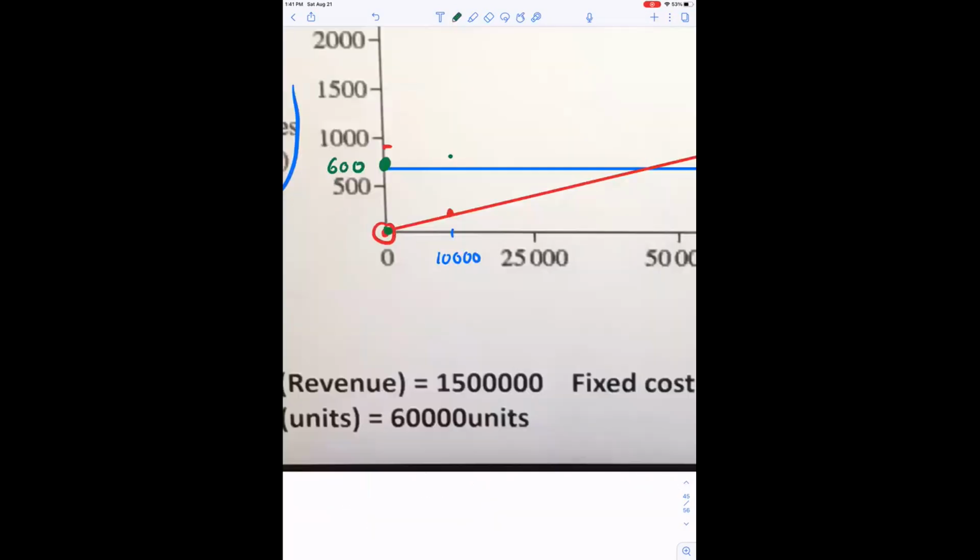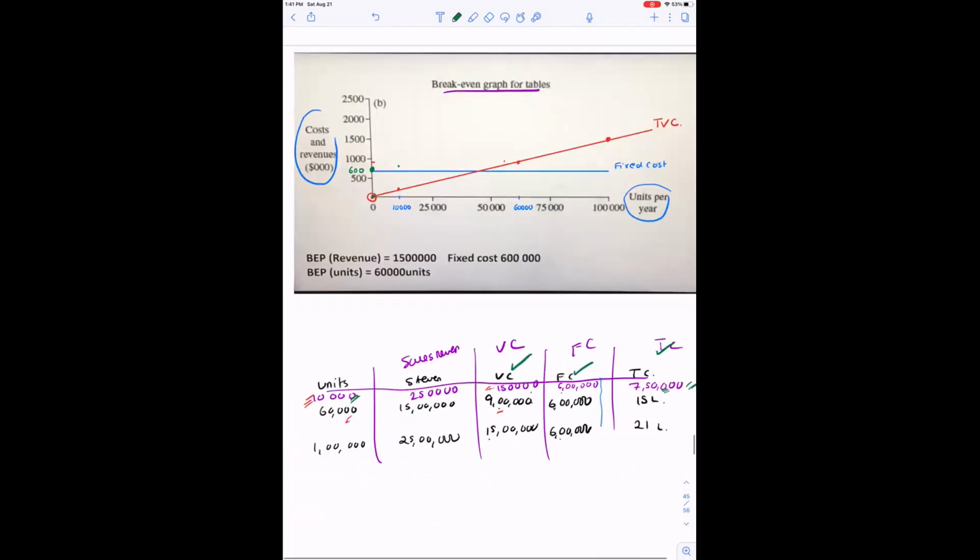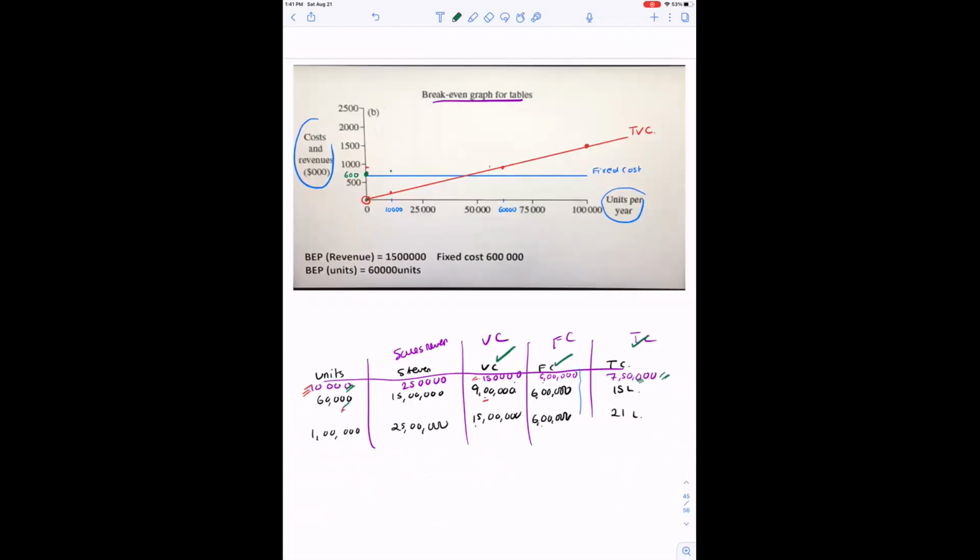Below 9 lakhs, I'm putting it over here. If I am producing 60,000 units, my total cost is how much? 15 lakhs.